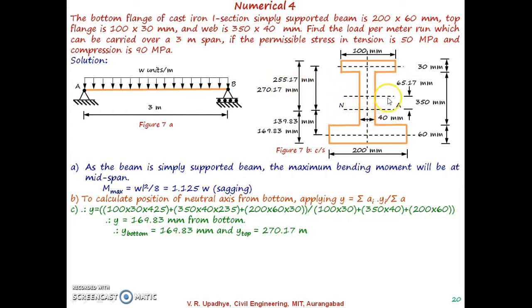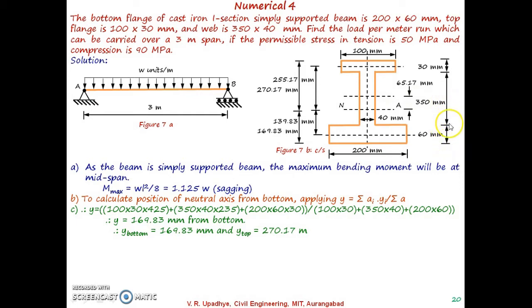And the distance between the web centroid and the neutral axis, or centroid of the complete I section, can be calculated as follows. The web's own centroid is at 175, plus 60.